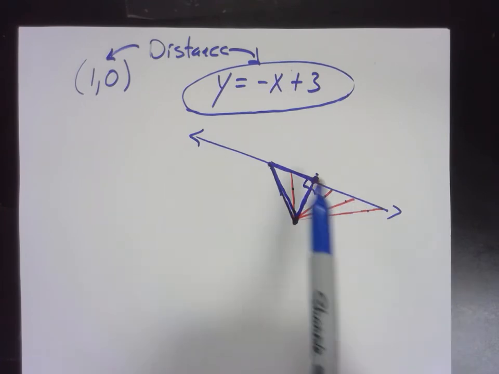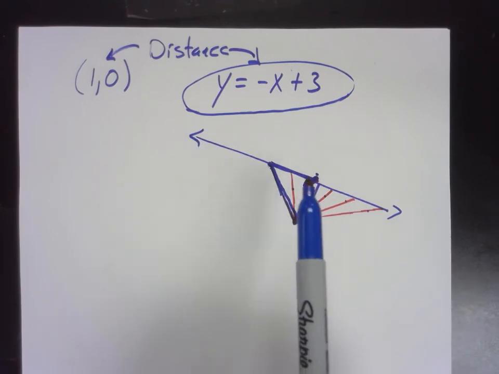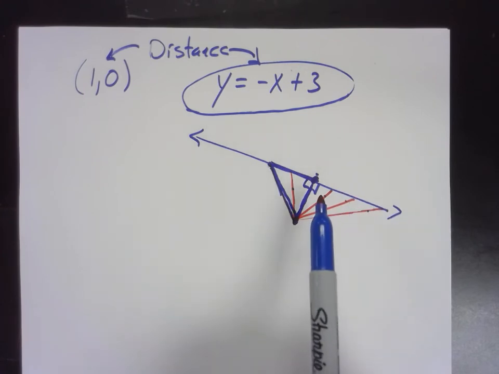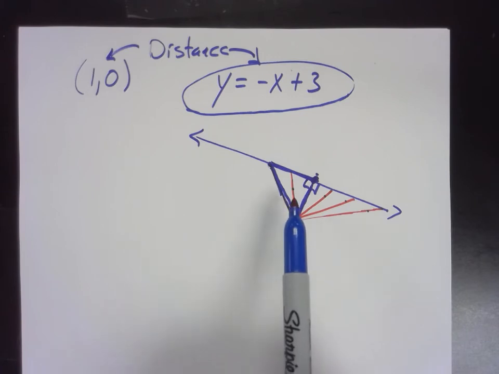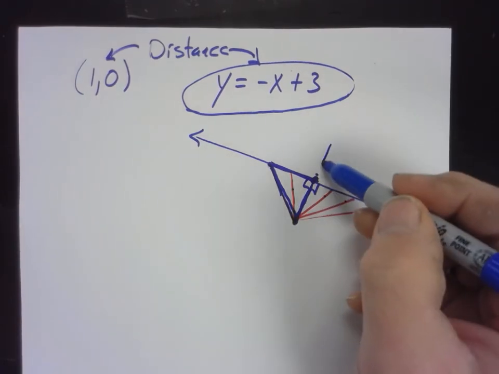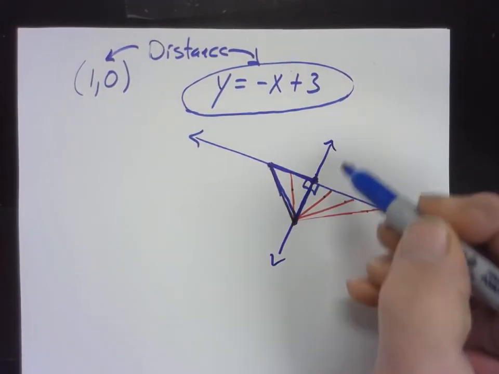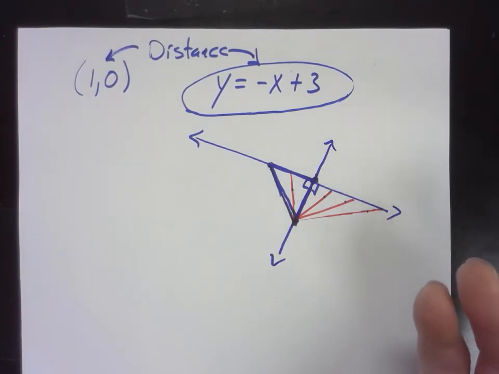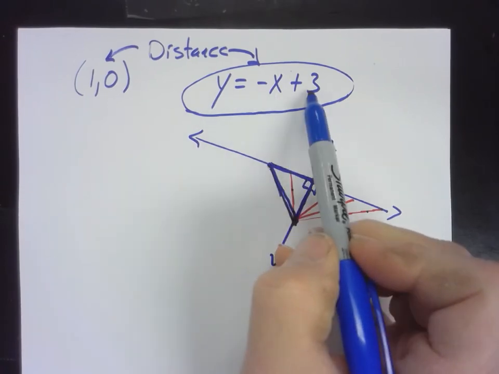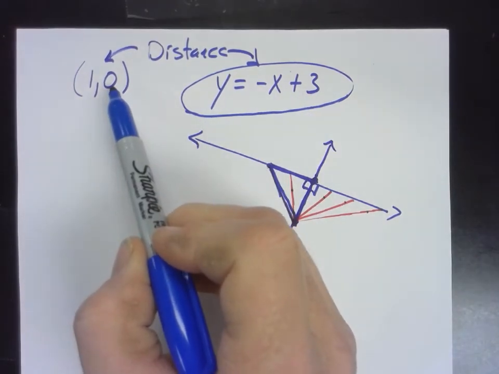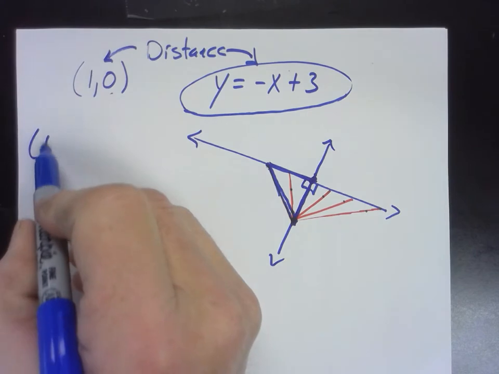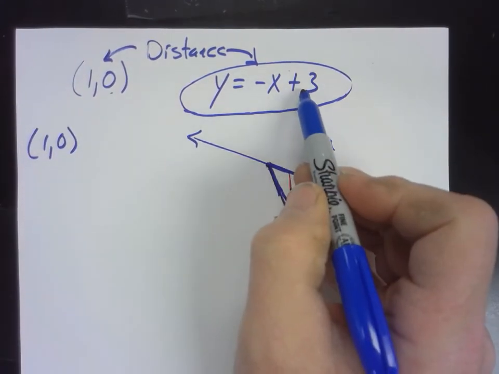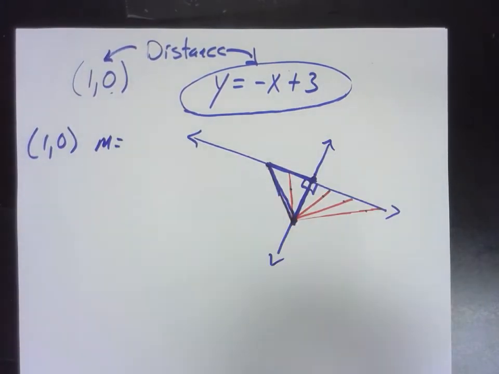It's not quite right, but it'll work. I need the equation of the line that's perpendicular, and it needs to go through this point right here. Now we can do that, can't we? Can't we find the equation of the line that's perpendicular to this one and goes through this point? So it's got to go through this point, and it's got to be perpendicular to this line. So what does its slope have to be?